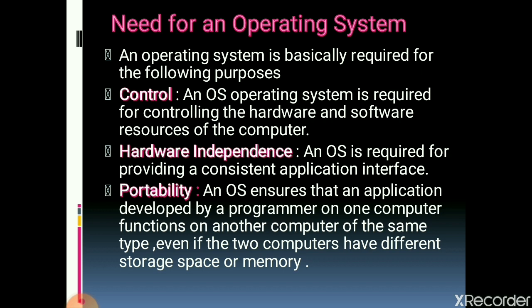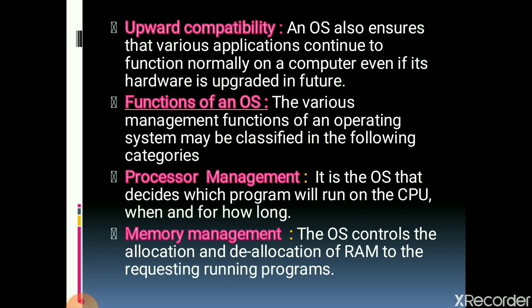And the next one, upward compatibility. Here the operating system also ensures that various applications continue to function normally on a computer even if the hardware is upgraded in the future.